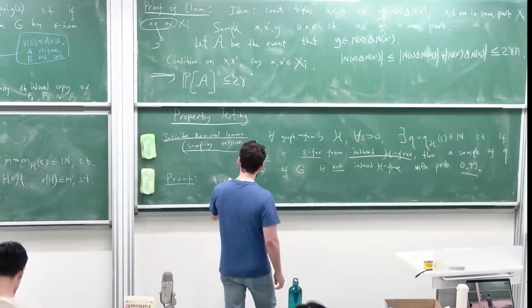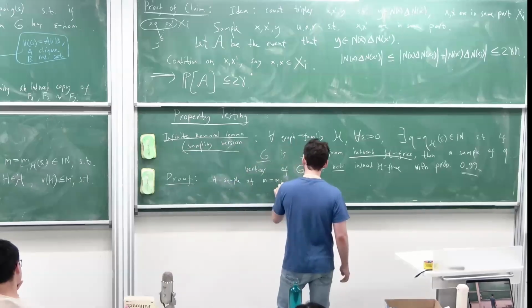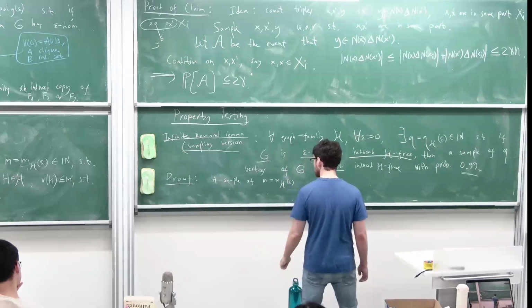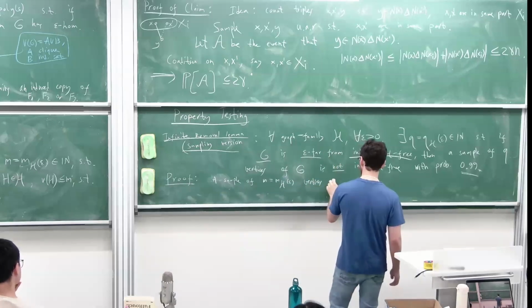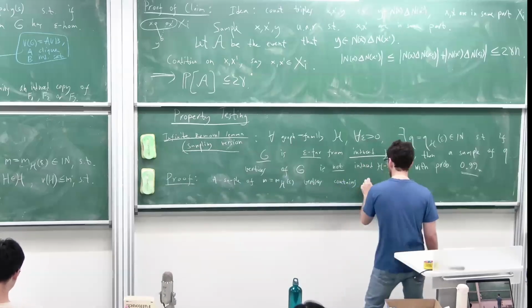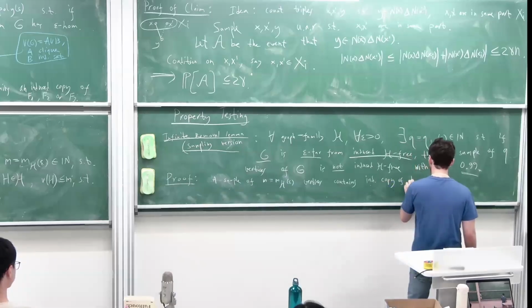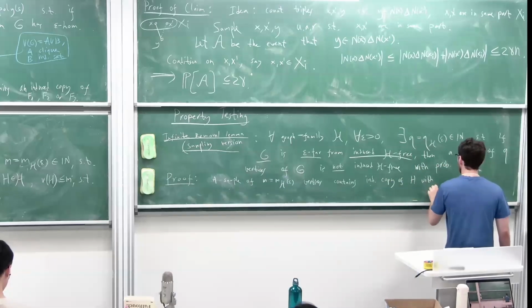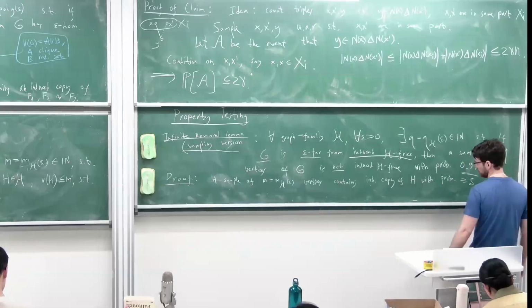So a sample of M vertices contains an induced copy of H with probability at least delta.